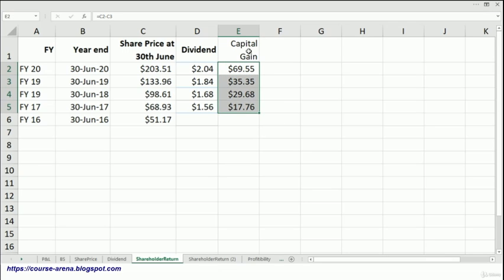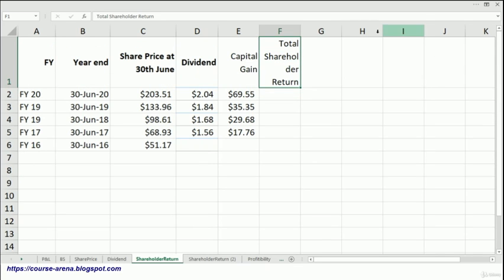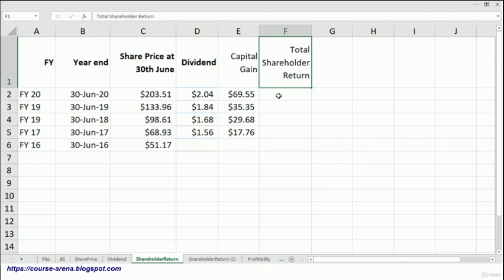Now we have capital gain as well as dividend, and total shareholder return is basically the sum of these two. So for the total shareholder return, I'm going to sum dividend plus capital gain, and if you do that for all of these 4 years, you can see that we now have total shareholder return for fiscal year 2020 to 2017, all 4 years.